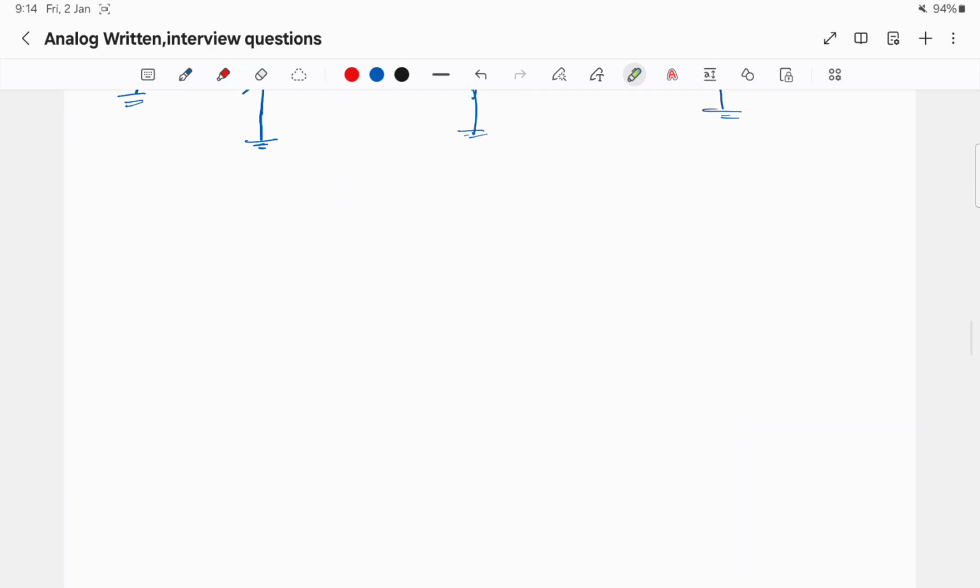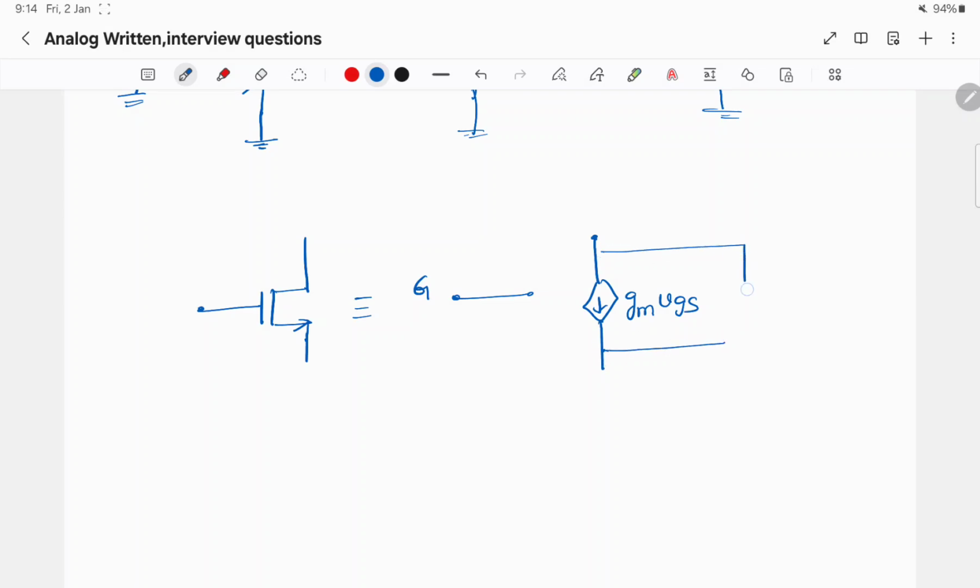We know that for small signal, for a MOSFET, the small signal equivalent is this: the gate terminal, and from drain to source we have a current of gm VGS and a resistor of r0 between drain and source.